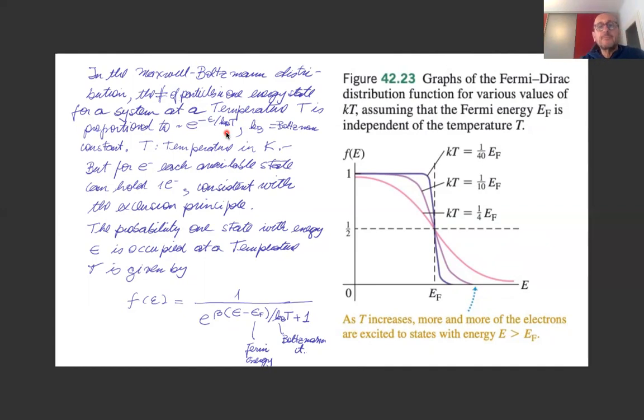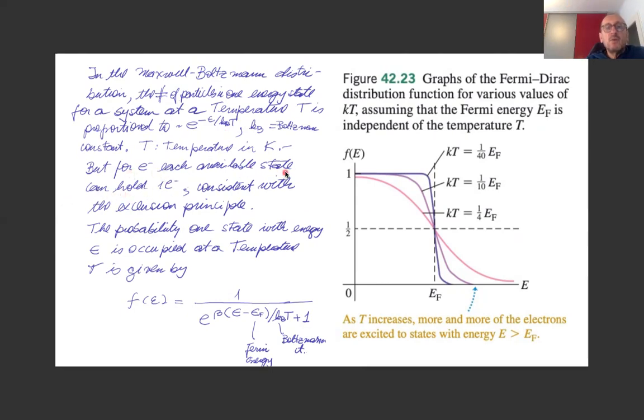If you raise the temperature, a certain state will have a higher probability of being occupied. That's the meaning of raising the temperature of the system. You occupy higher energy states when you raise the temperature.